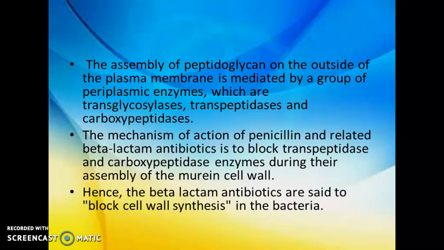So this is the main way this antibiotic attacks the cell wall of the bacteria. Within the cell wall, peptidoglycan is present, and during its assembly, the enzymes in the periplasmic layer, transglycosylase, transpeptidase and carboxypeptidase, are blocked by penicillin and other beta-lactam antibiotics.